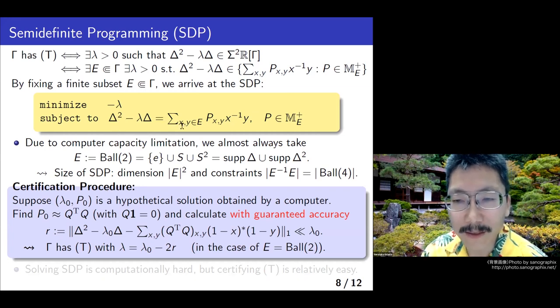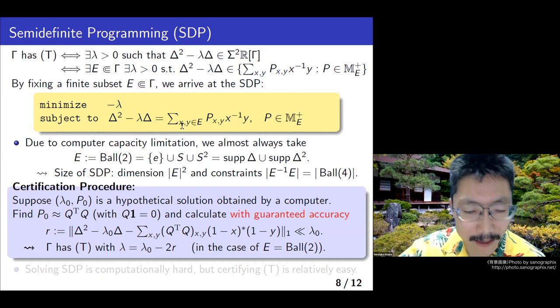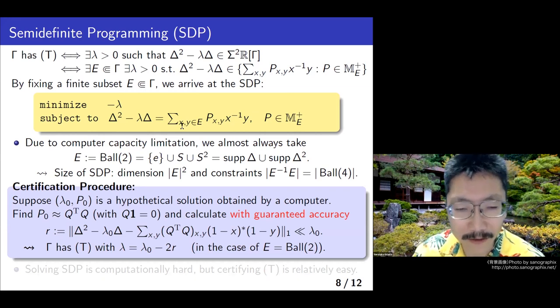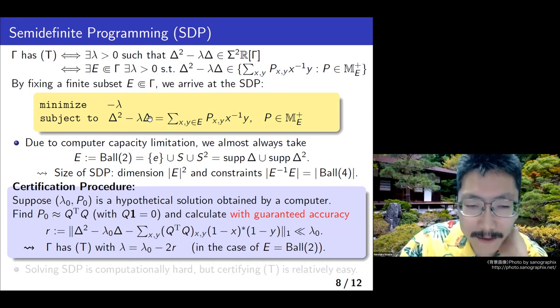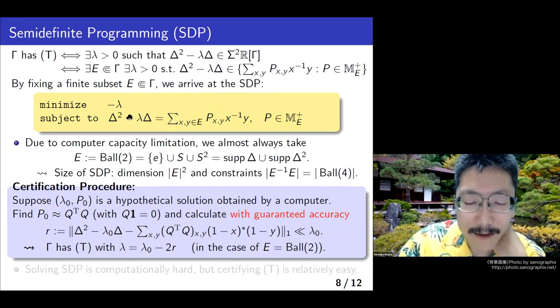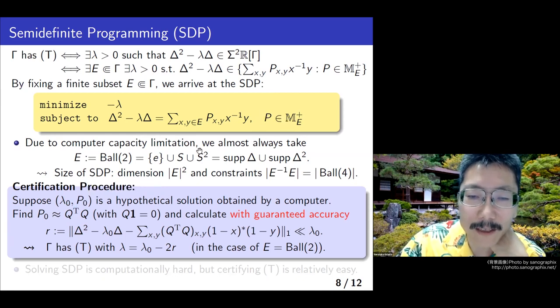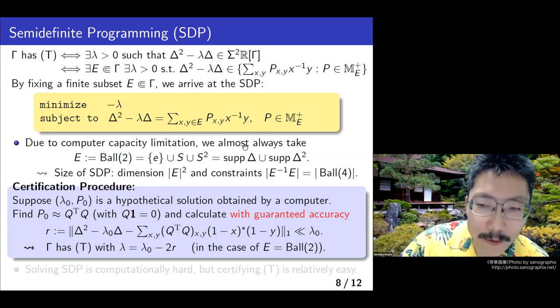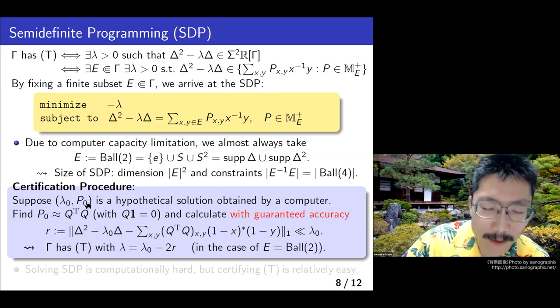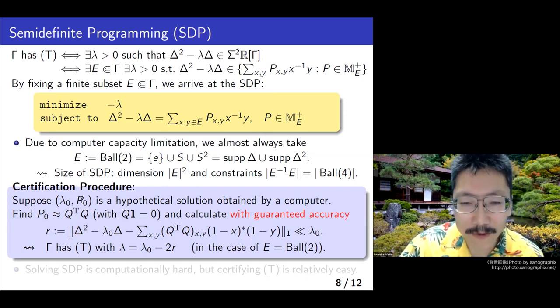Pseudo answer is that they search by iteration, and then at some point the computer gives up and says that this is optimal: lambda naught, and P is optimal with P naught here. This may not be optimal, of course, but it doesn't matter to us. And P naught may not be positive semi-definite, they just say this is the solution.